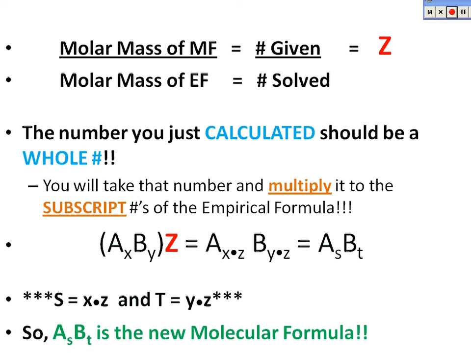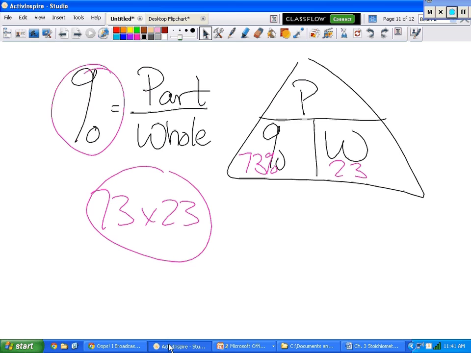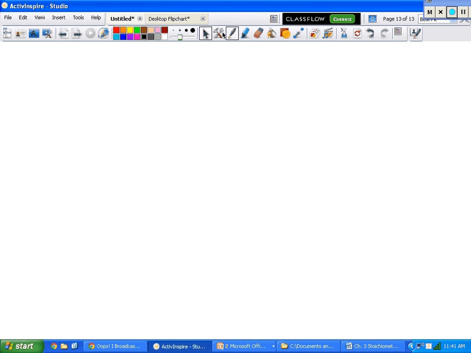Okay. Explain how the following could affect a hydrate formula: too much heating, not enough heating, splattering of the compound. Now, what is a hydrate? A what? It's got water with it. We also call these things dot water, right? So let's just take an example of copper 2 sulfate dihydrate.